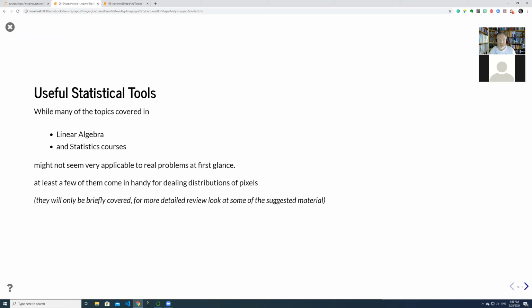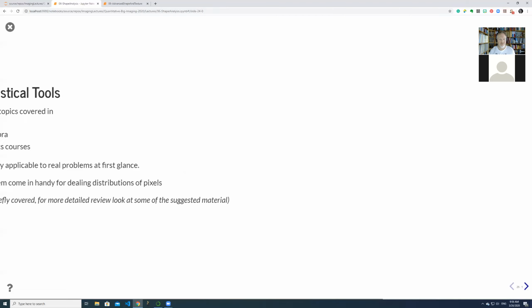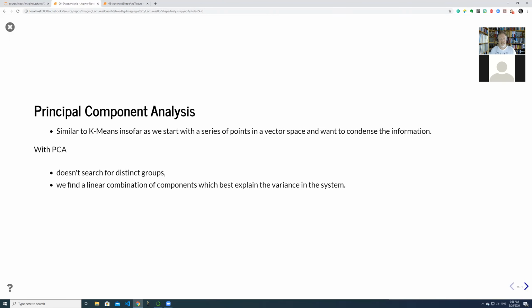One is eigenvalue decomposition, and the other one is the covariance matrix. Together, they give a very nice tool for us to do a statistical analysis of objects and the distributions of pixels. That is the principal component analysis.